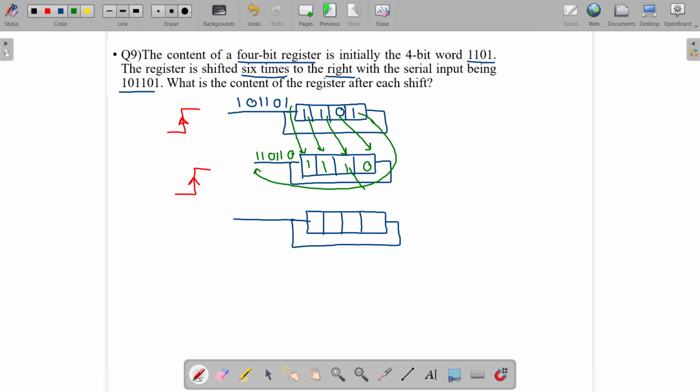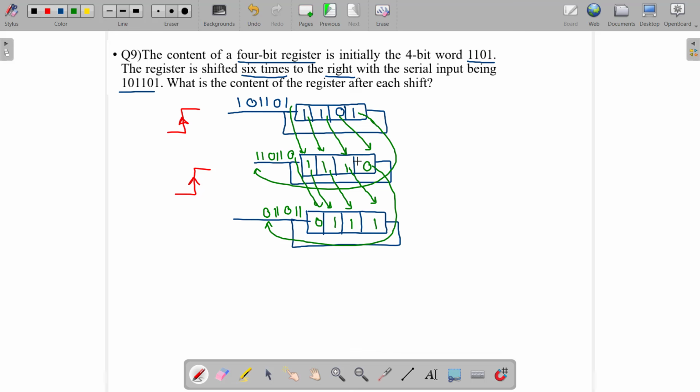For the next step, again after the clock pulse comes, we continue this process in this form. So again, this one comes here, this one comes here, this one comes here, this 0 comes here. So here we will have 1, 1, 0, 1, 1, and this 0 from here comes here.